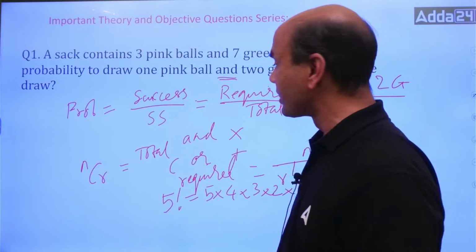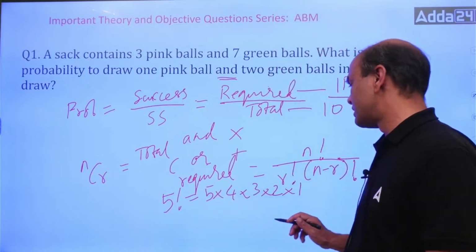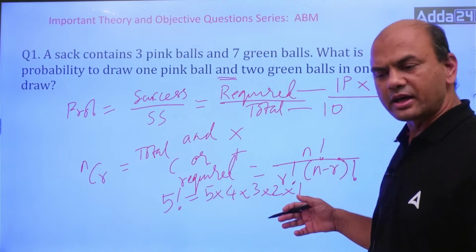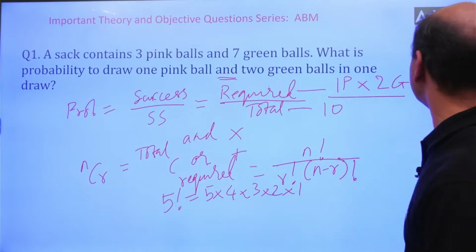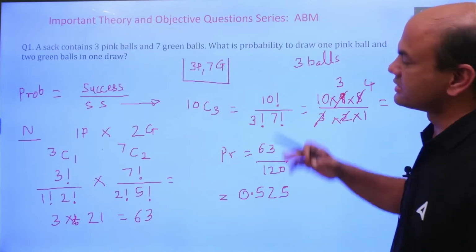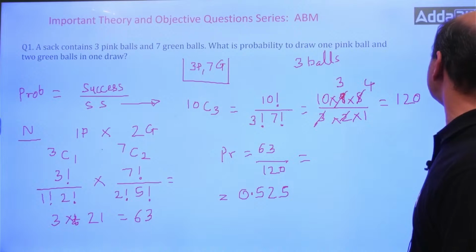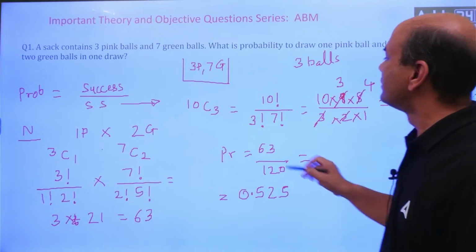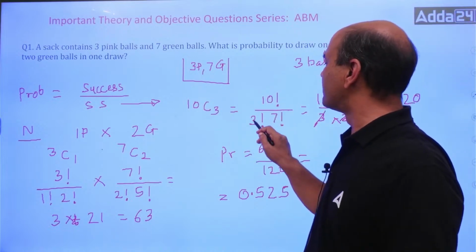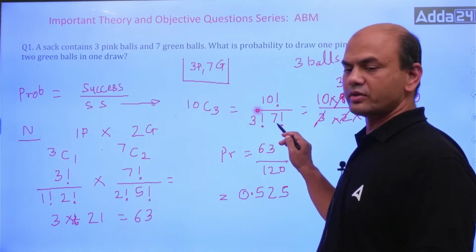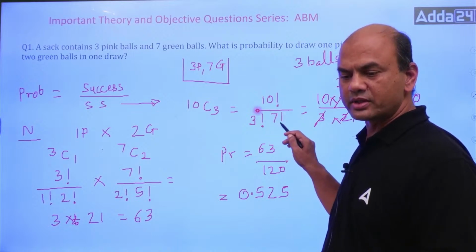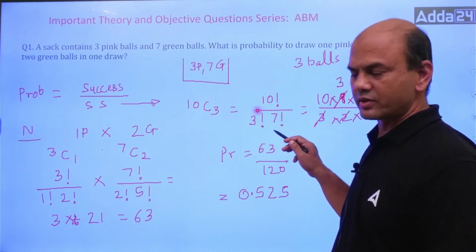Similarly, R factorial means R, whatever R is required, into all this up to 1. Got it? So now let's solve this. 10C3: 10 factorial upon r factorial, that is 3 factorial, into n minus r factorial, that is 10 minus 3 factorial, that is 7 factorial.